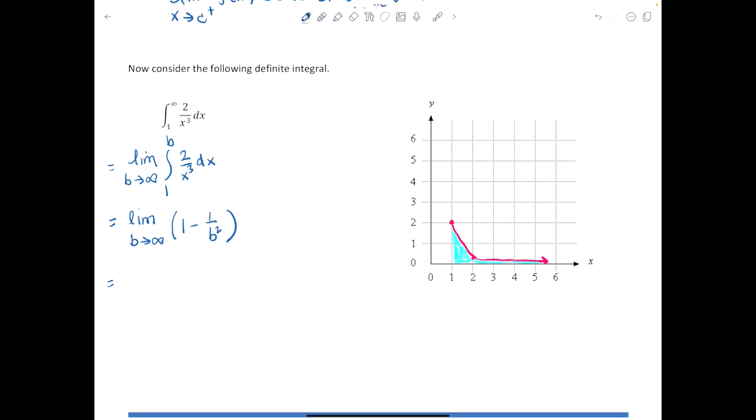You don't really plug in infinity, but as b increases without bound, that fraction part will go to 0, and so we'll just get 1 minus 0, which is 1. So what did we find out? We found out that the integral from 1 to infinity of 2 over x cubed with respect to x converges, and it converges to 1. Cool, cool?